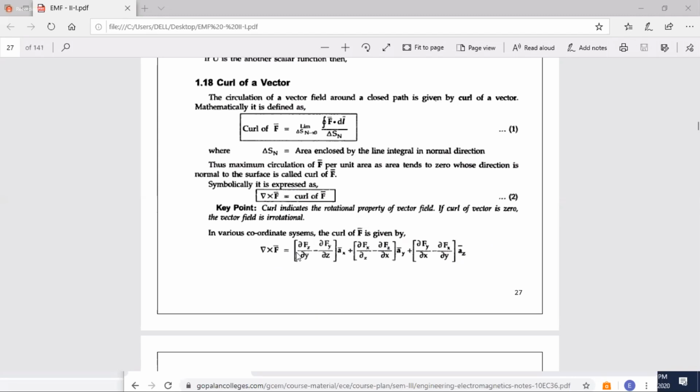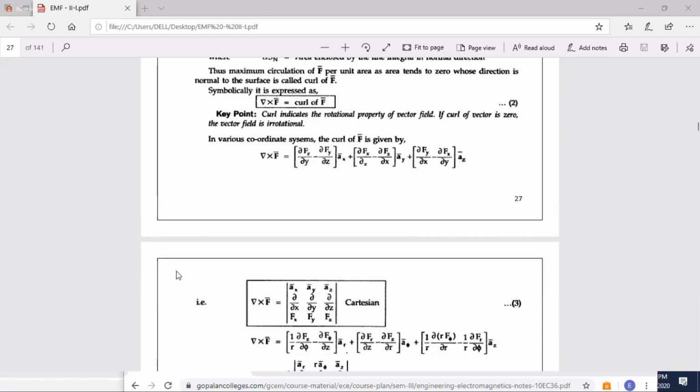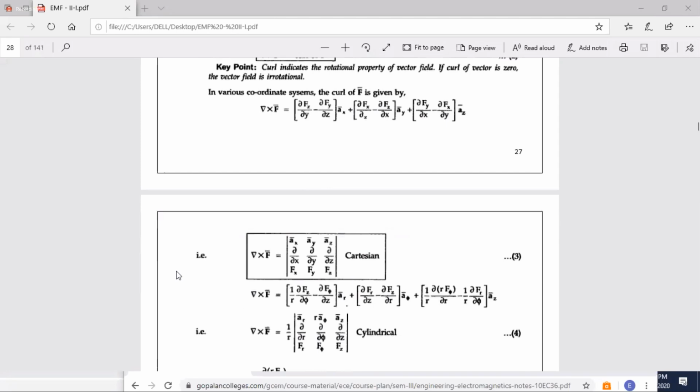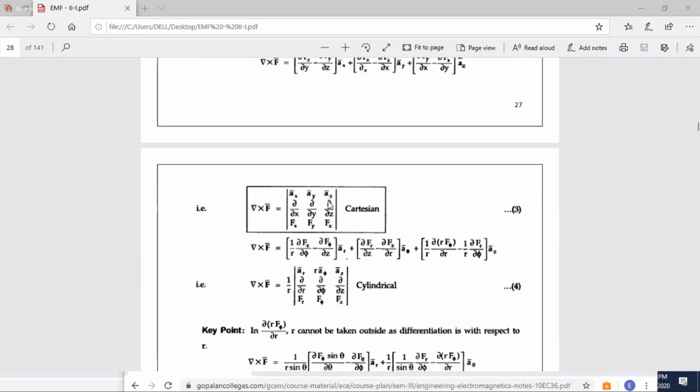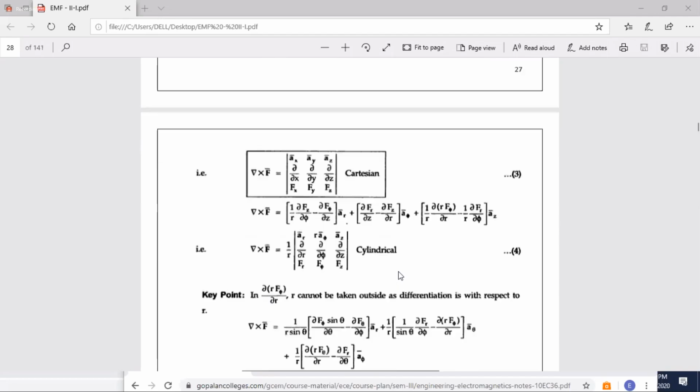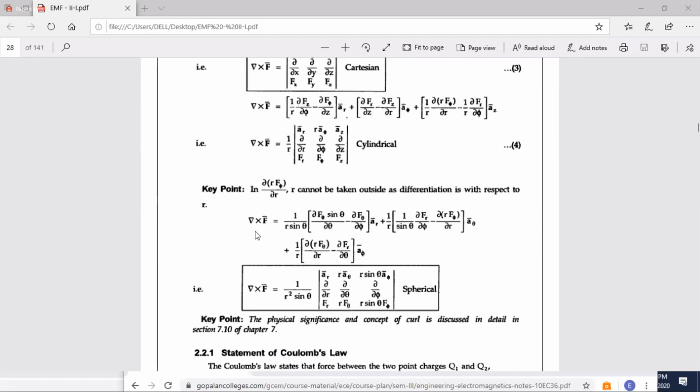So del cross F would be A cross B, and you remember, that's how we get that, which we did in this form, right? And in the cylindrical form, and in the spherical form.